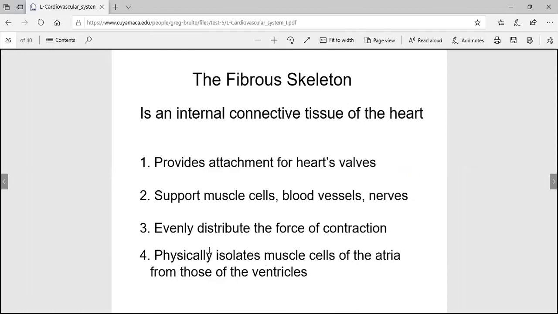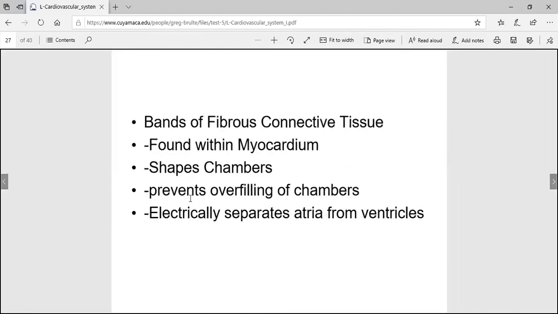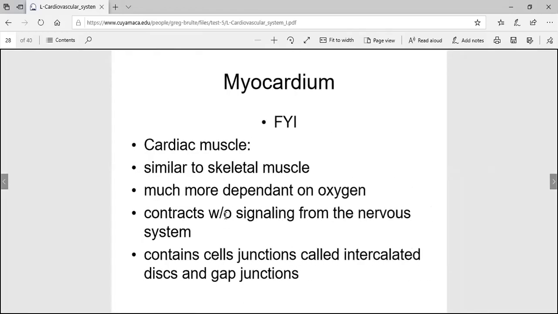And it physically, but also electrically, isolates the atria from the ventricles. It's almost like insulation in between your atria and ventricles, because you don't want those to depolarize at the same time. We'll talk about that in lecture 2, I think.